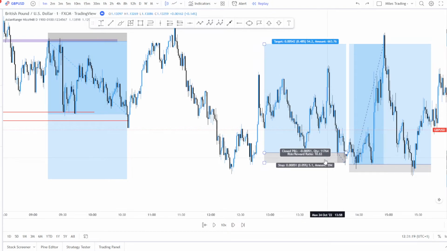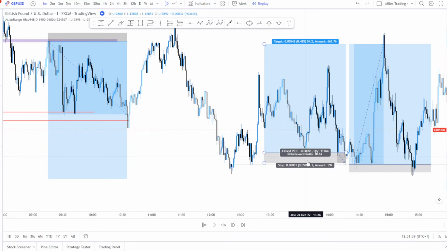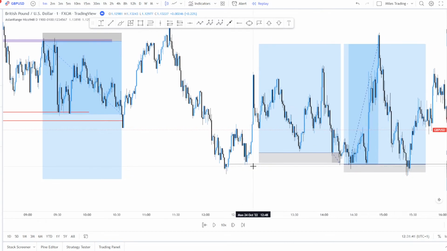So I lost that first trade, but I did have my backup entry on this little order block region right here. I also entered this on the body of the candle. As you can see here, let me just do a mark in there. Now this had been tapped, but it wasn't fully mitigated. It can come back in, but each time it comes back, price will move deeper into the thing.